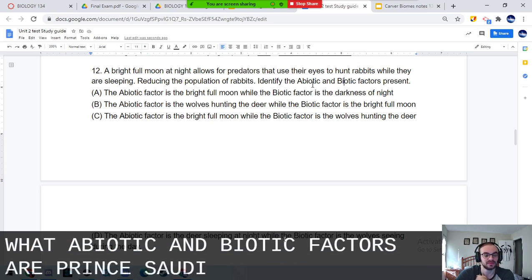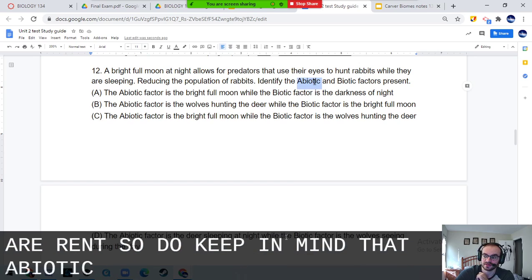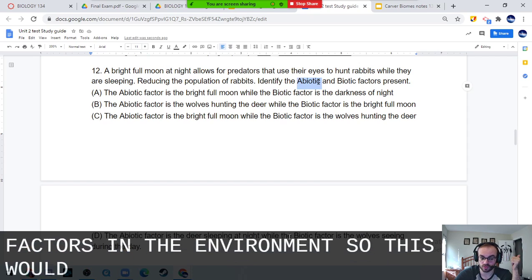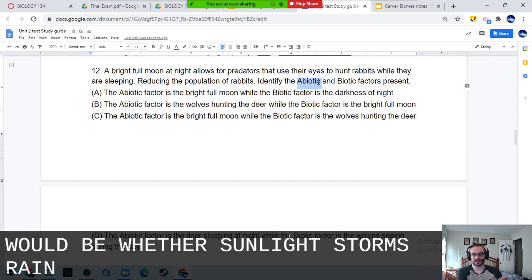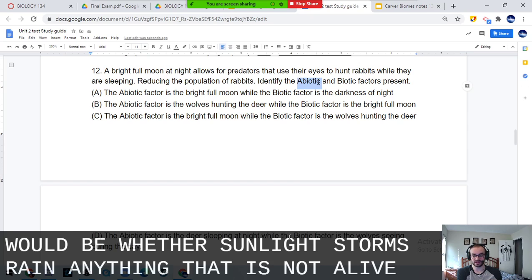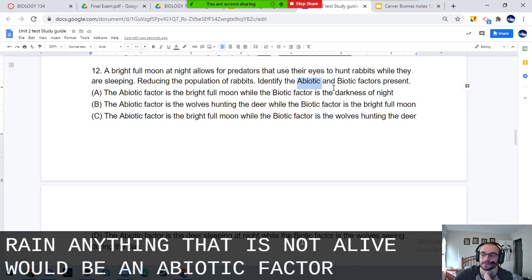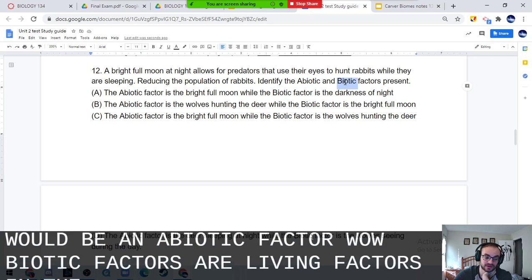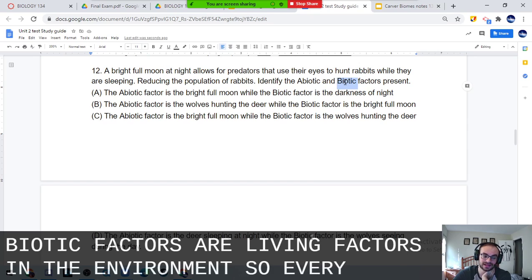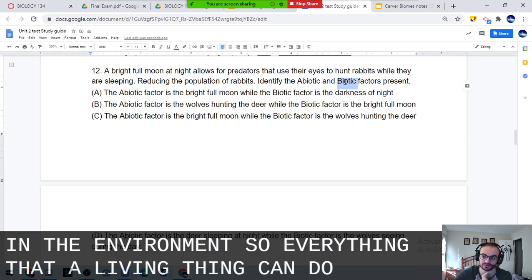Do keep in mind that abiotic factors are non-living factors in the environment. So this would be weather, sunlight, storms, rain. Anything that is not alive would be an abiotic factor. While biotic factors are living factors in the environment. So everything that a living thing can do.